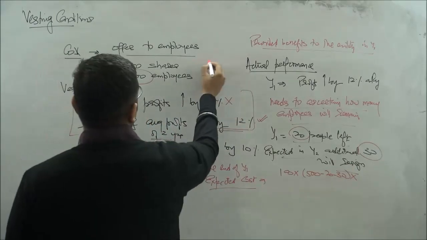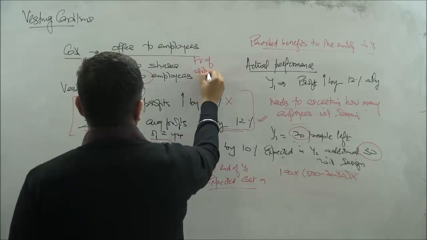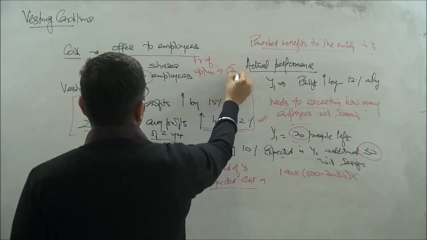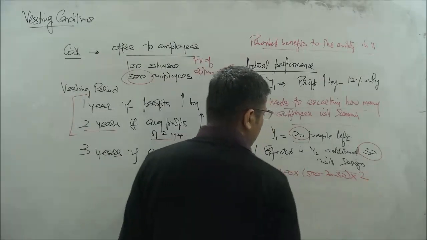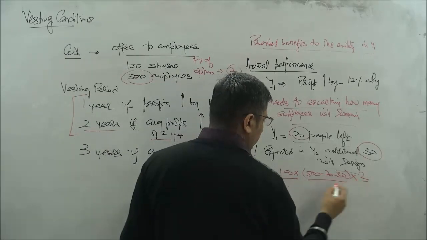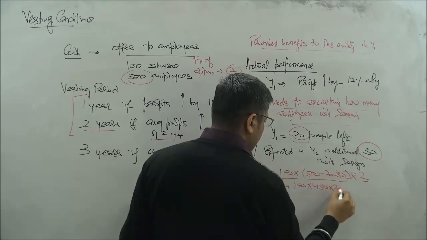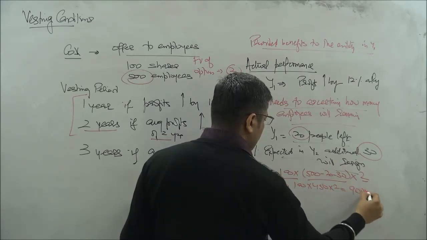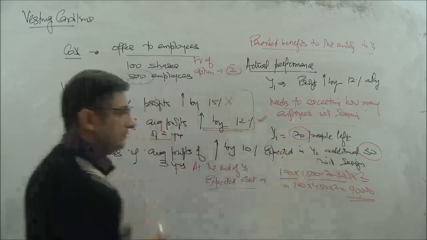Let's say the fair value of option is 2. It means that the total cost shall be 100 into 450 into 2, that comes to 90,000 here.